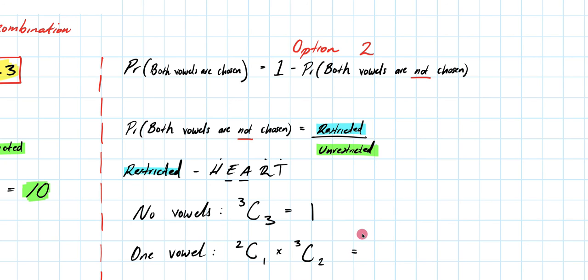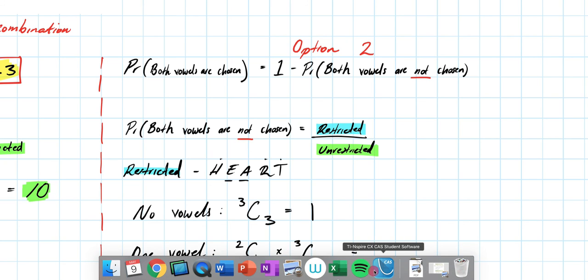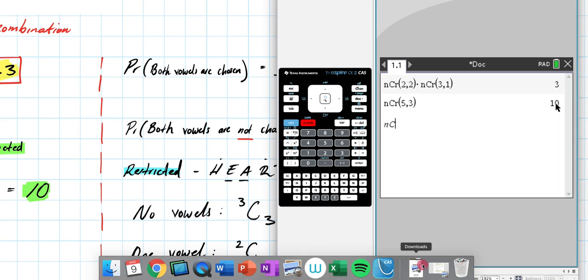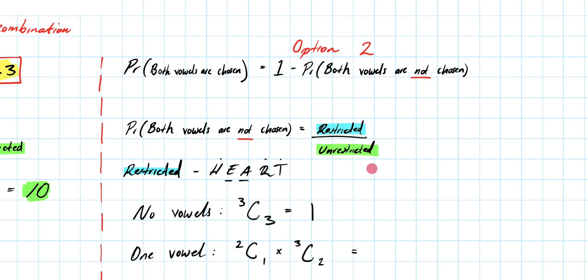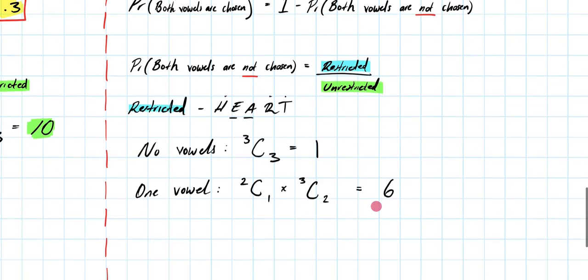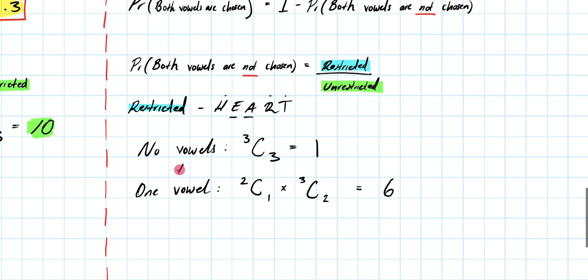So now I could pull out my CAS and I could solve this out. So it's going to be NCR 2, 1 multiplied by NCR 3, 2, which is going to be equal to 6. Then, to find the total restricted, it's going to be these 2 added to each other. So it's going to be 1 plus 6 equals 7.